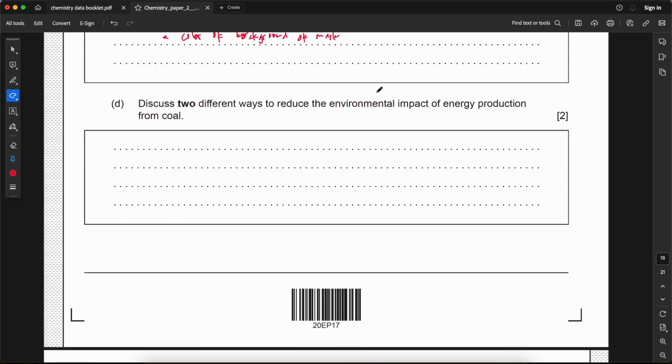Discuss two different ways to reduce the environmental impact of energy production from coal. You can remove sulfur from coal.